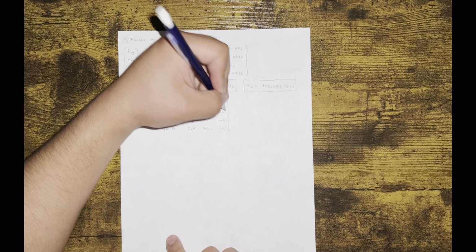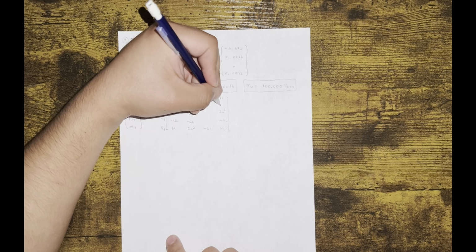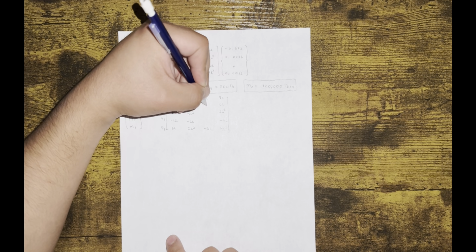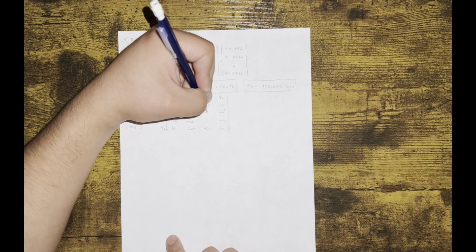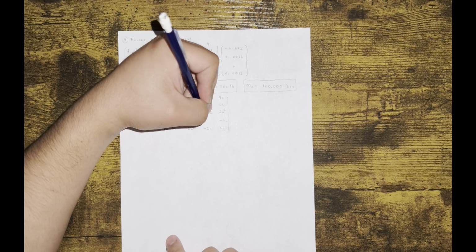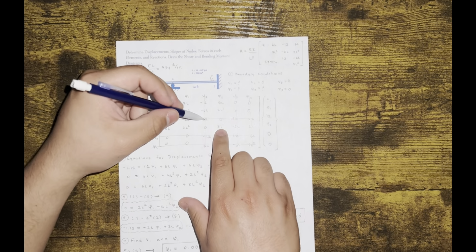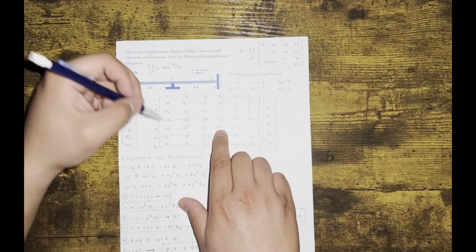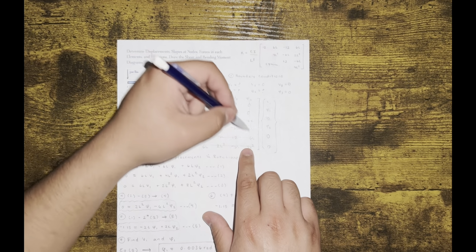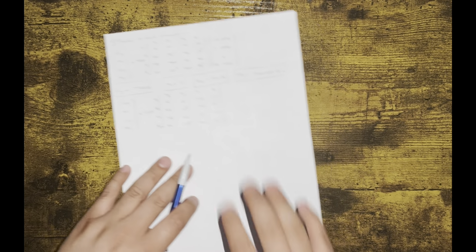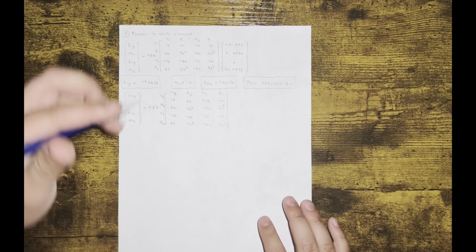I'm kind of all over the place, but I'm just copying the same matrix from here. And let me tell you guys something. This matrix is not the same as if you were to take this piece right here, okay? You cannot just take 24, 8L squared, 0 and just get this piece. And then for the next one, this one. It's not how it works. You got to redo the stiffness matrix.